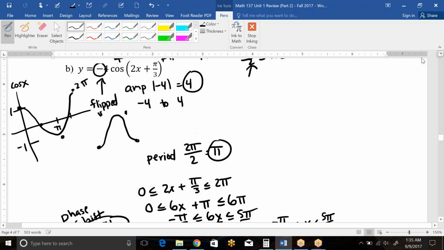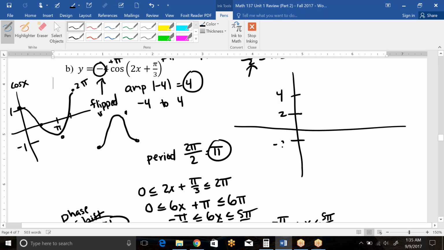Okay, so let's set up what we know. So I have 2 and 4 and negative 2 and negative 4. We need a negative pi over 6, then 0, then pi over 6.